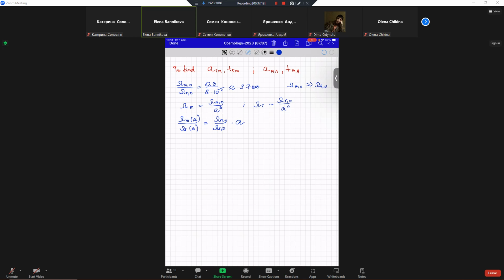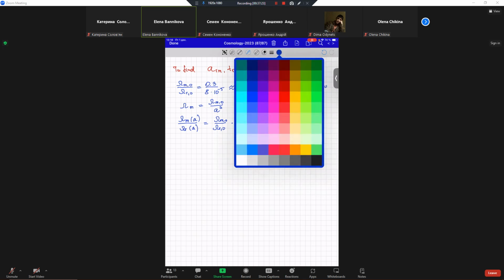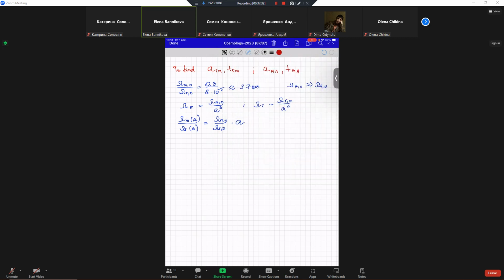Okay, and if you want to find when they will be equal to each other, we need to set this equal to unity. And here I will put Rm.